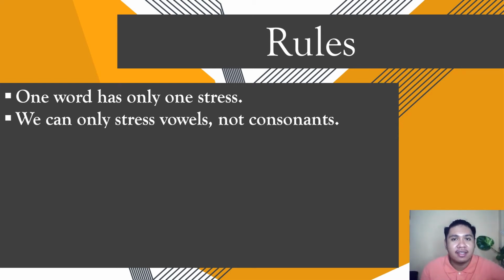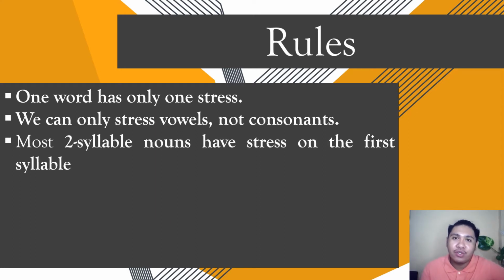Take note of that. Next, most two-syllable nouns have stress on the first syllable. For instance, the word construct. If you want to use the word construct as a noun, you have to stress it on the first syllable, like CONstruct, not conSTRUCT.